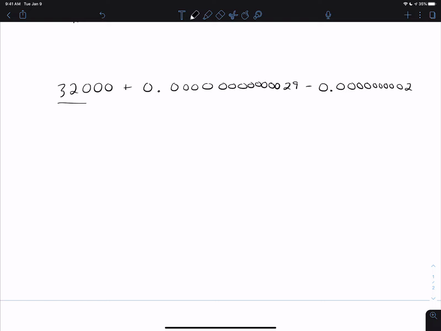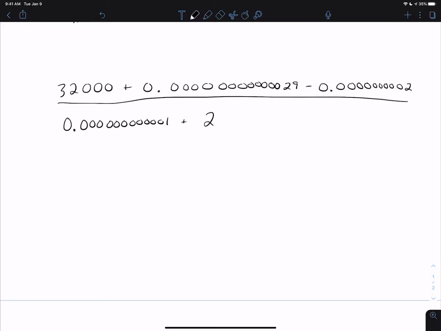Okay, and that divided by 0.00000000001 plus 2 minus 1 over 457 with something huge with a bunch of zeros after it.